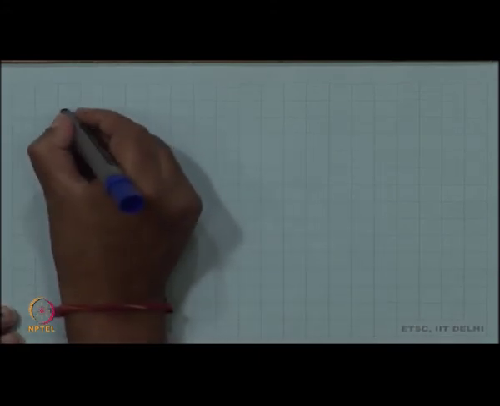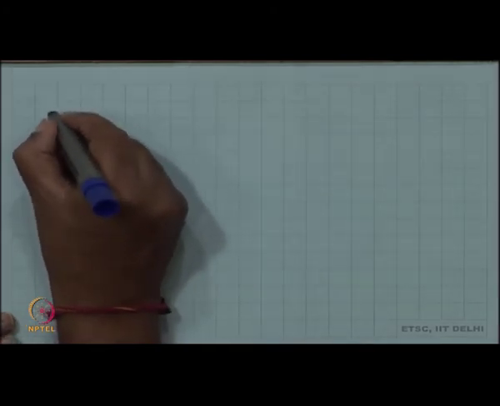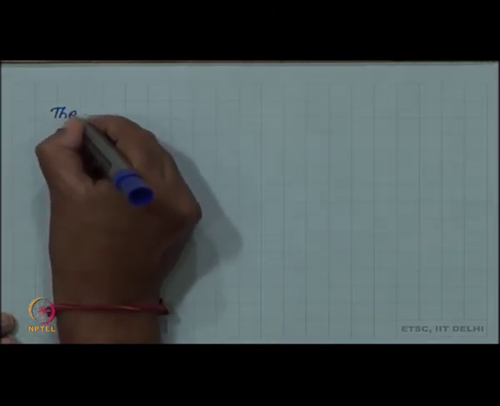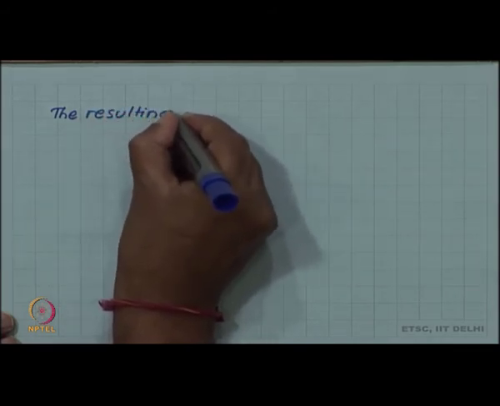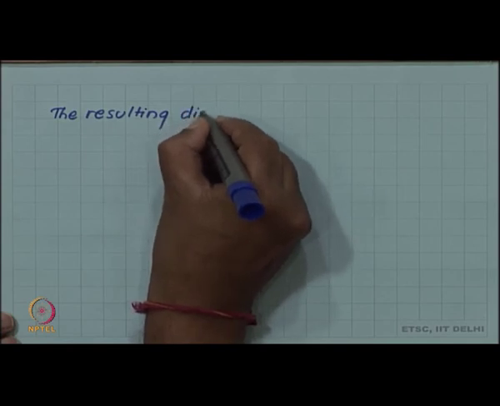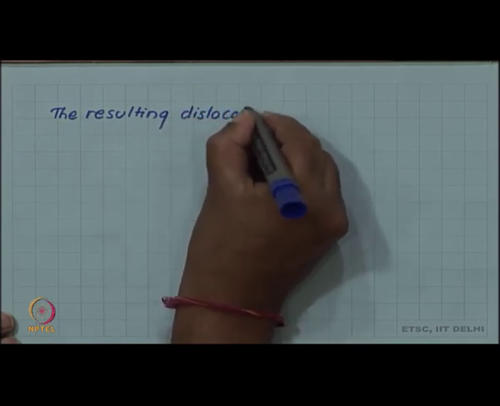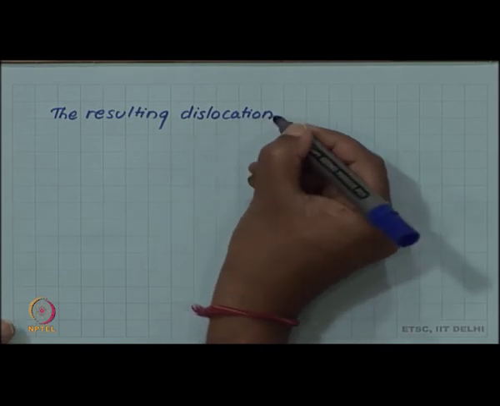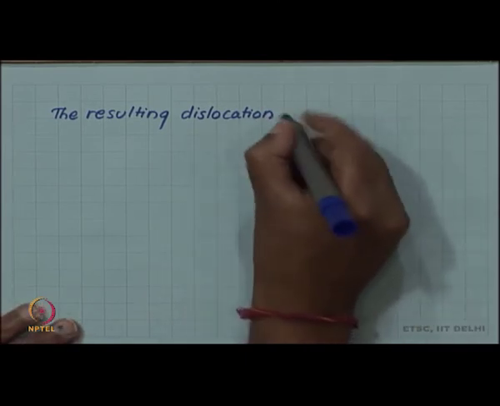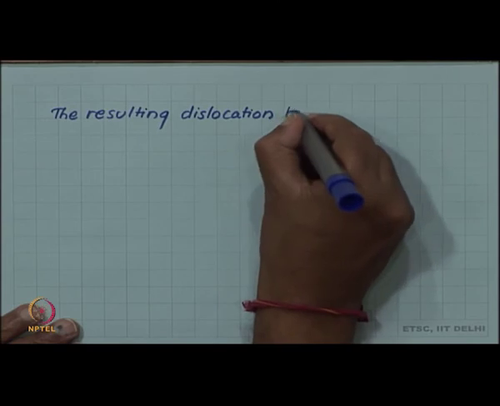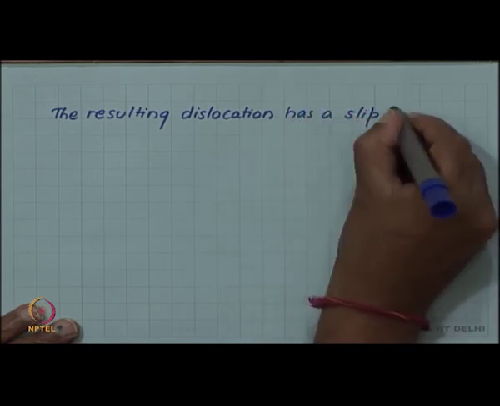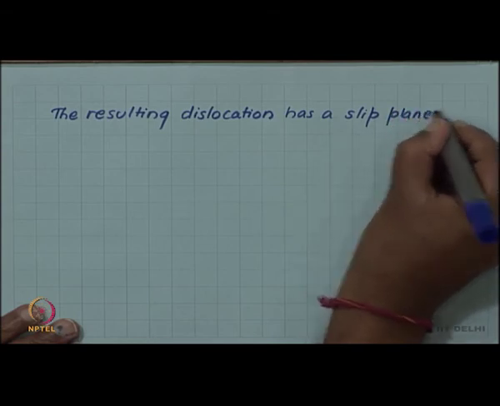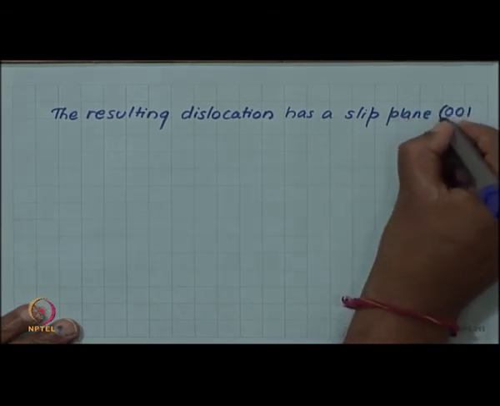So, let us write down these results, that the resulting dislocation has a slip plane 0 0 1.